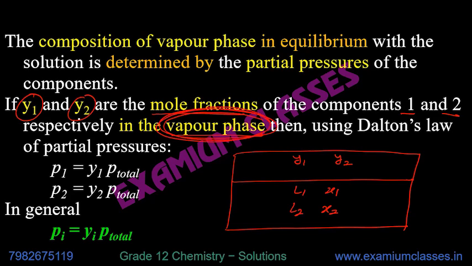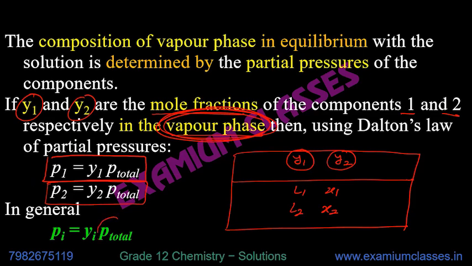So Raoult gave us another way in terms of mole fraction in the vapor phase also. So in the vapor phase, if the mole fraction of vapor 1 is Y1 and vapor 2 is Y2, then he said that the partial pressure of 1 will be Y1 P total and P2 equals Y2 P total.